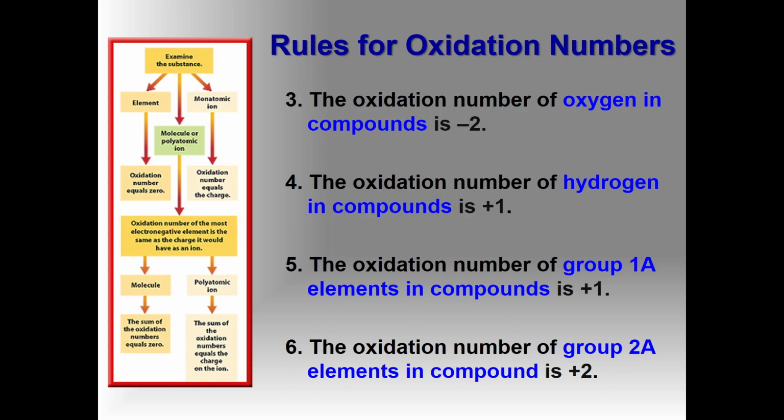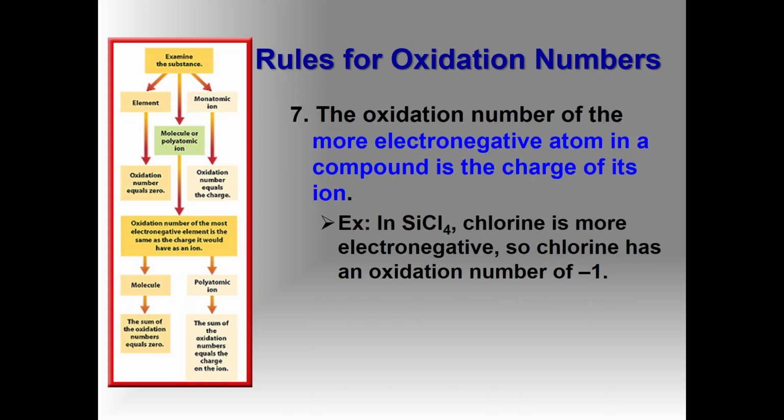The oxidation number of hydrogen in compounds is +1. Basically, this just tells you the charge. Figure out the charges. Group 1A becomes +1. Group 2A is +2. The oxidation number of the more electronegative atom in a compound is the charge of the ion.